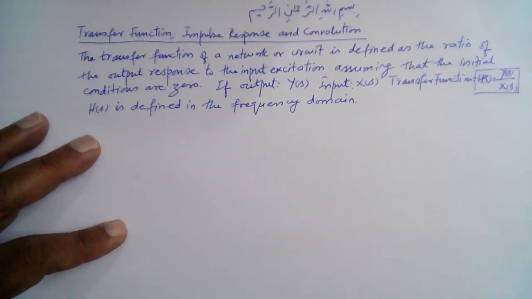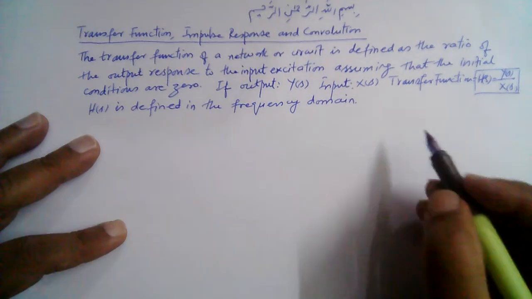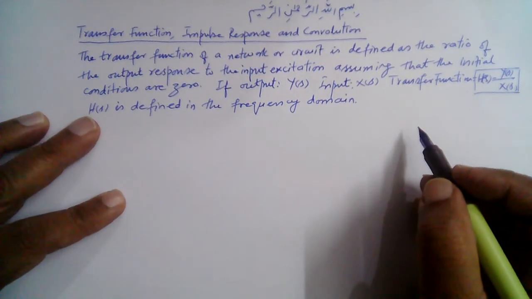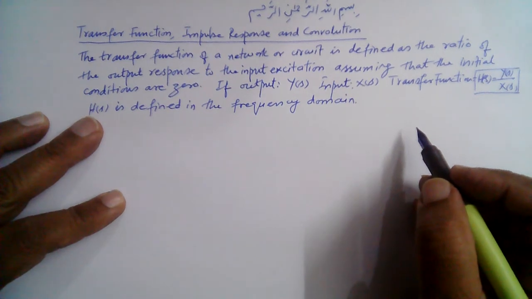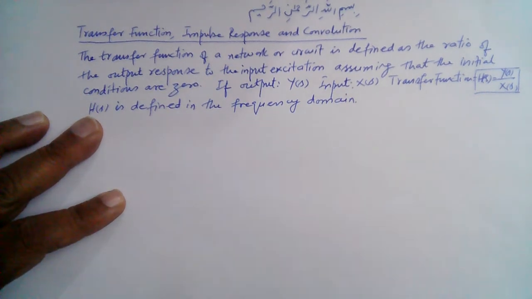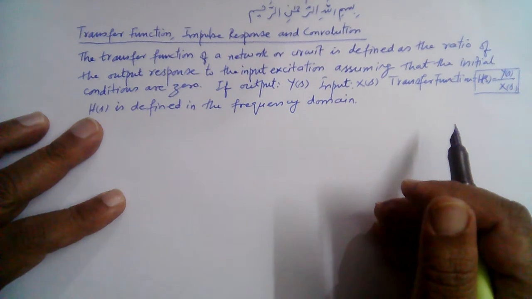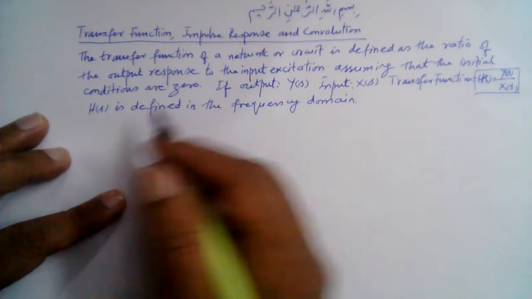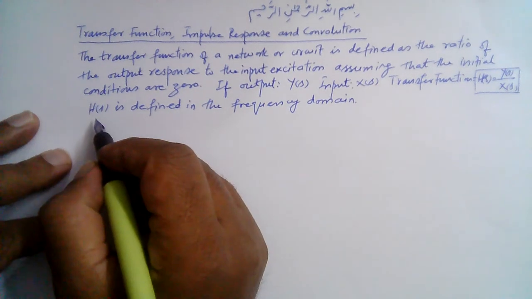So here s is frequency, so s is kept variable, and we can also derive the transfer function in terms of omega. So omega is frequency there. Omega or s is kept variable to derive the transfer function. So the transfer function has many uses.